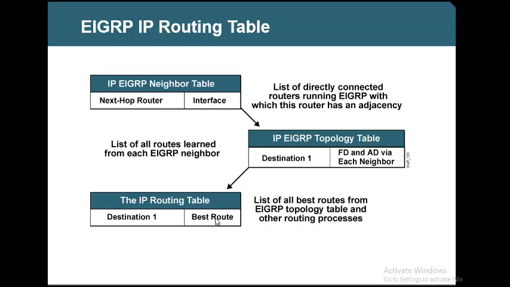The routing table will only have the best routes, whereas the topology table will have the best and also the alternate, if the alternate satisfies the DUAL algorithm's condition. I spoke about this in the previous class. I'm going to repeat that in depth today.